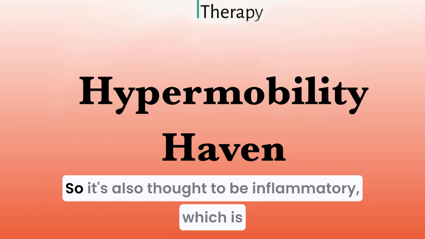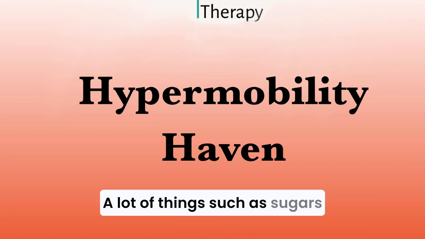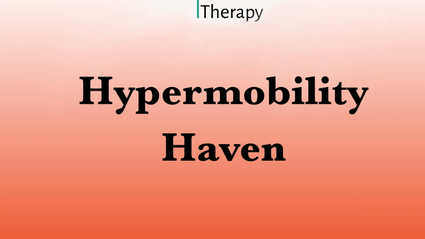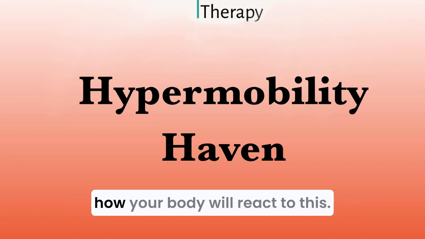So it's also thought to be inflammatory, which is where the exercise and nutrition comes into it. A lot of things such as sugars are seen to be very inflammatory. So it depends on what you're eating to how your body will react to this.